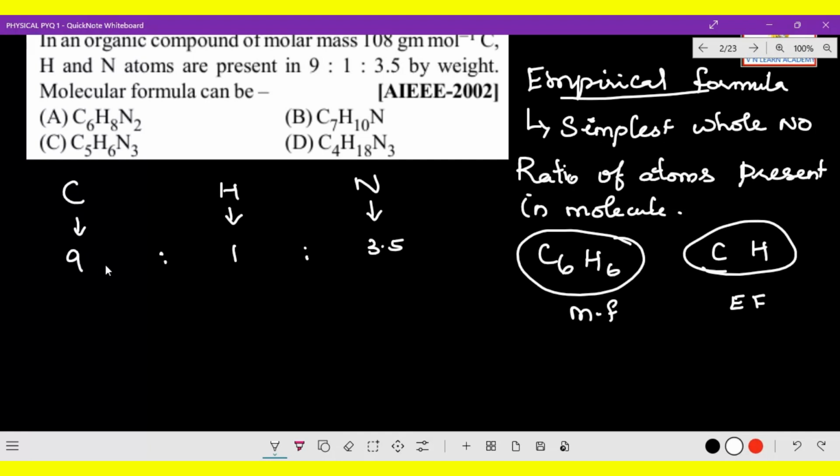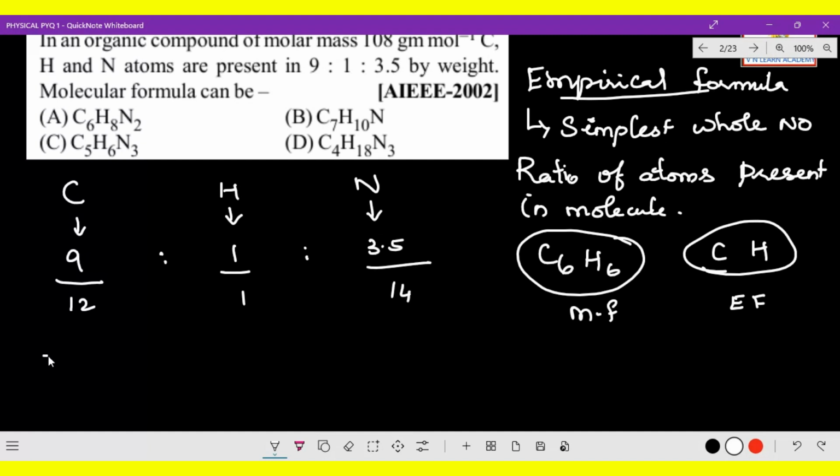Right, now here how do we identify? So here we have to find the number of moles. Number of moles is based on given mass by atomic mass. Here the ratio by weight they have given, no? So let us provide the atomic mass. Carbon's atomic mass is 12, hydrogen atomic mass 1, and nitrogen atomic mass 14.